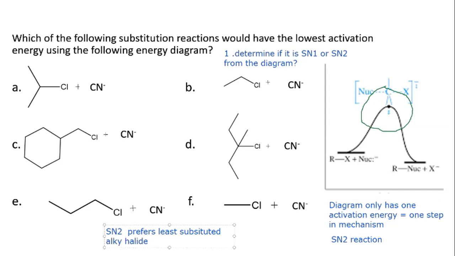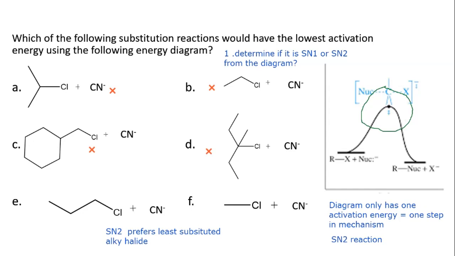So we have to look to see what's the least substituted alkyl halide. A is a secondary alkyl halide. B is a primary alkyl halide. C is a primary alkyl halide. D is a tertiary alkyl halide.